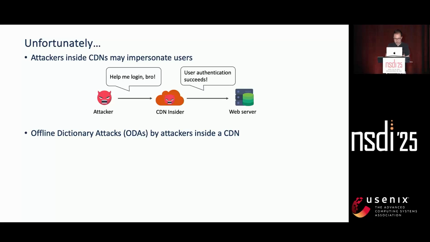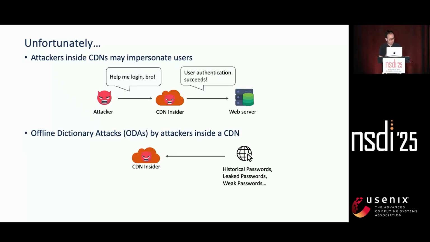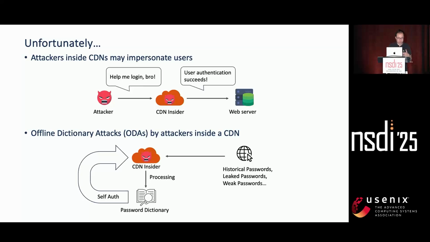For the second one, the CDN can collect historical passwords or leaked passwords from the internet and process these datasets to generate a password dictionary. This dictionary may include only a small number of passwords, but they are very likely to include the correct one. The CDN can just try them one by one by running its own pre-authentication system to find out which is correct, and finally learn the correct password.